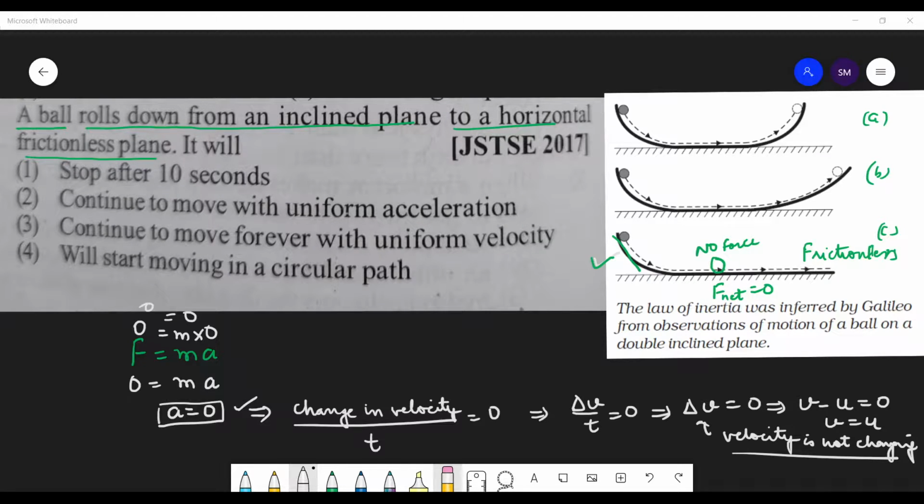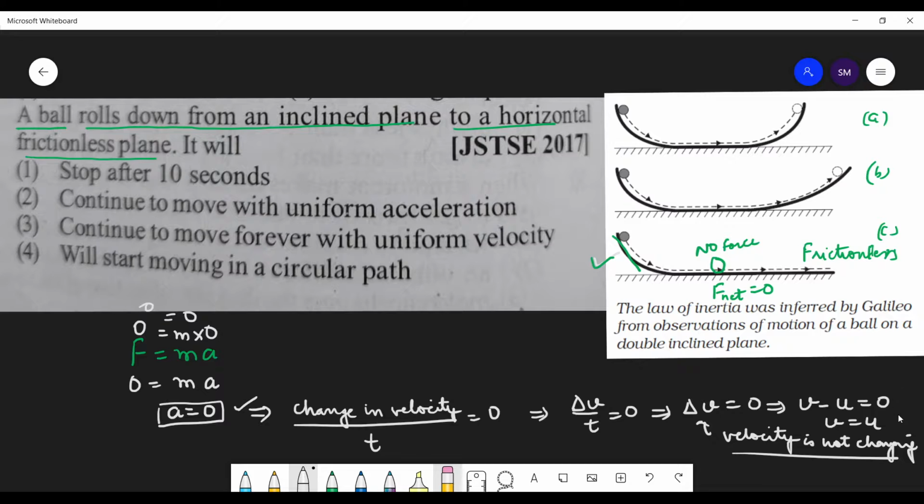Yes, Kanika. Sir, here acceleration and velocity both are 0, so they are same. Where is written that velocity is 0? The change in velocity is 0. So what does this mean?